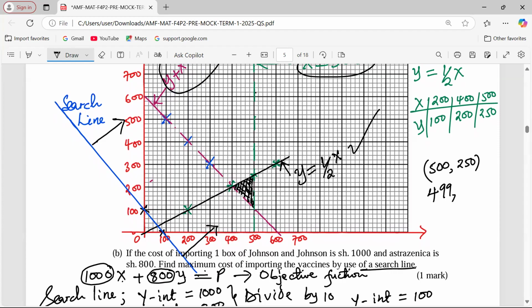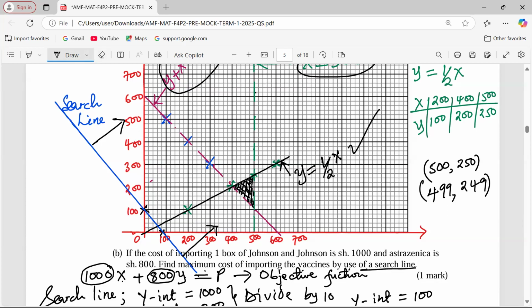So 499 and 240. Okay, 249, sorry, and 249. That way, we will be in there.